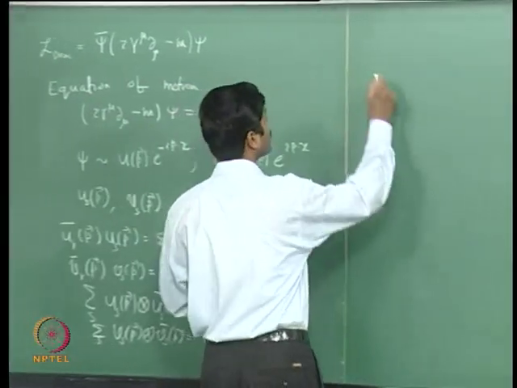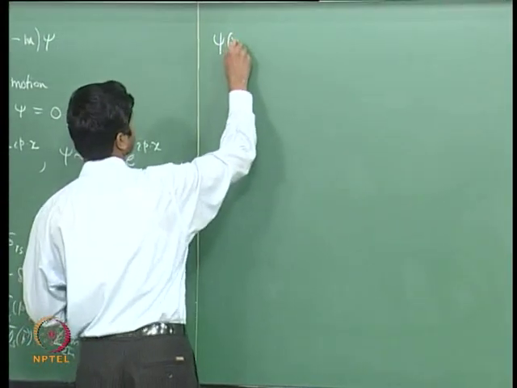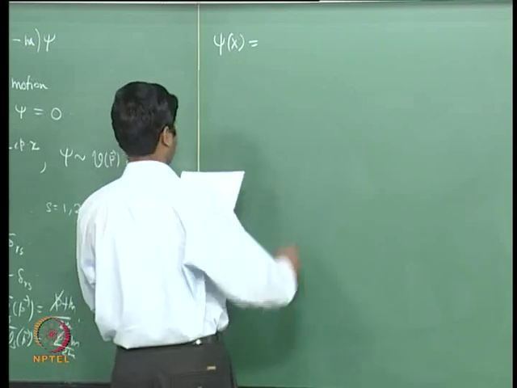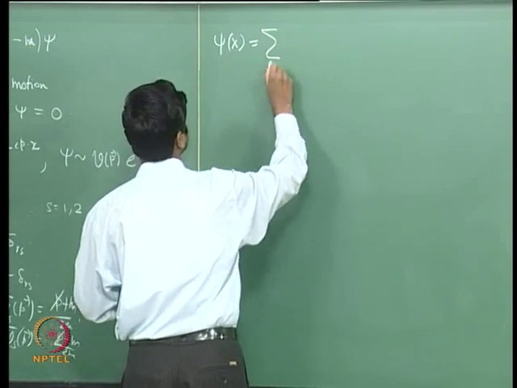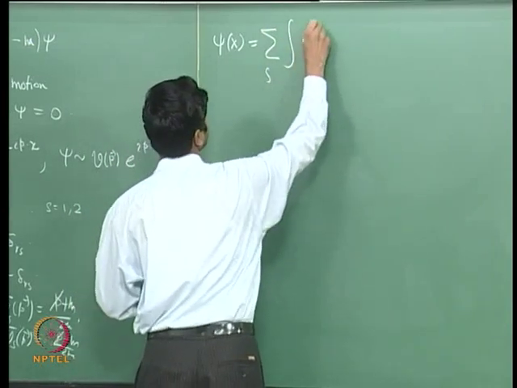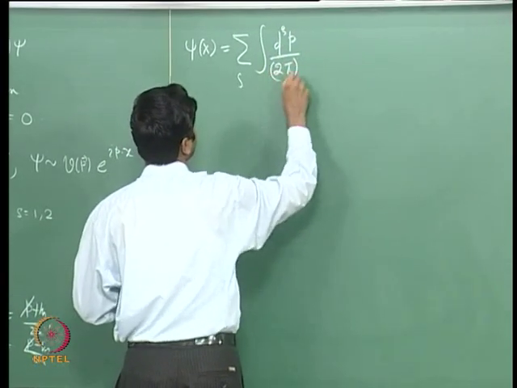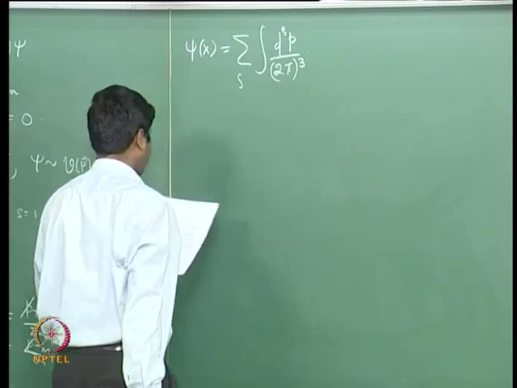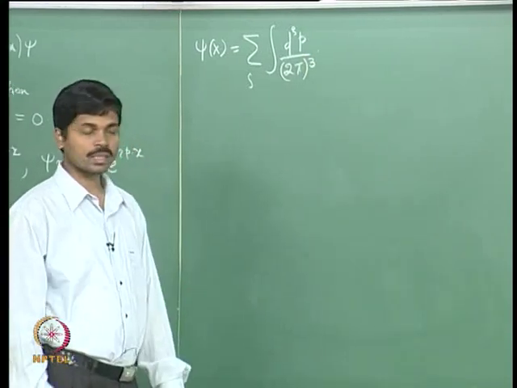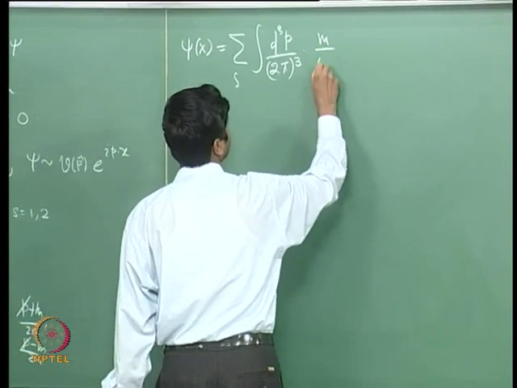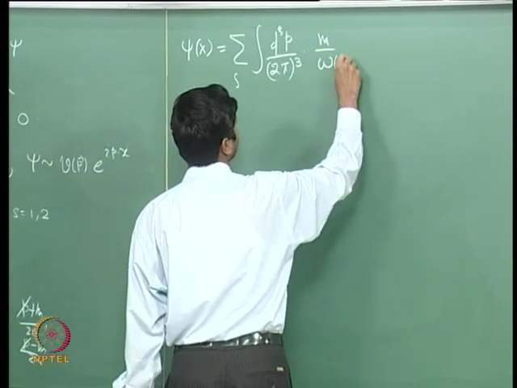Therefore, ψ(x) can be written as a sum over s, integration d³p over (2π)³, and we will use a slightly different normalization, m over ω_p.